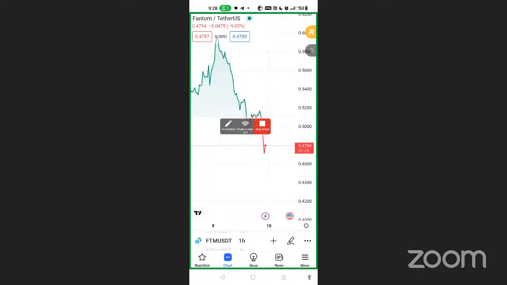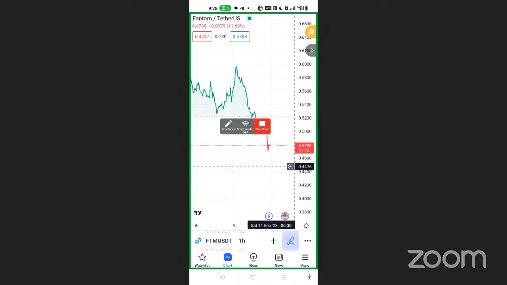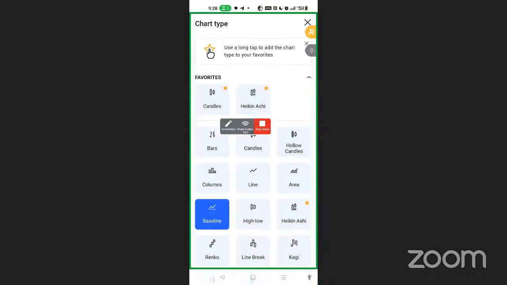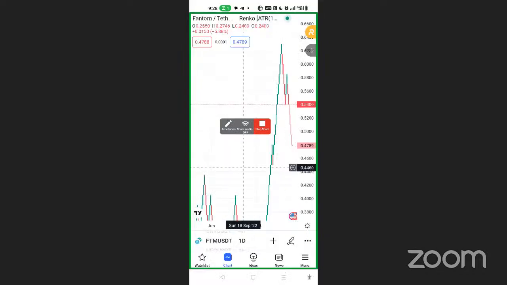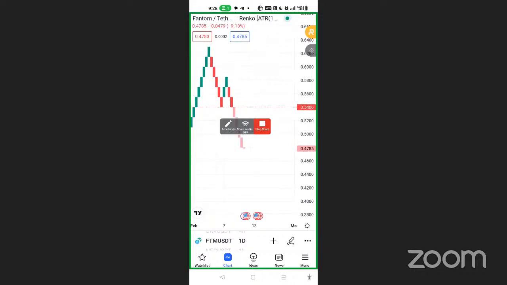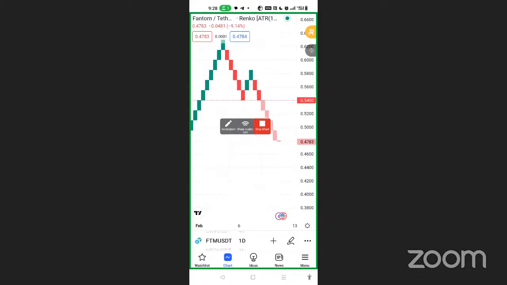And if you choose other types, this is how they will look.